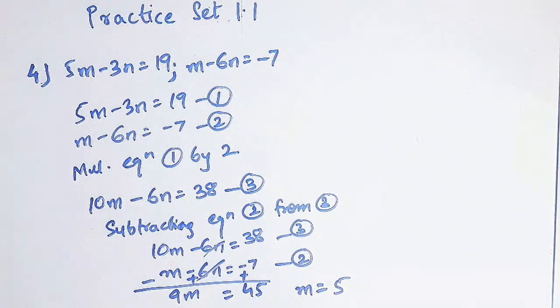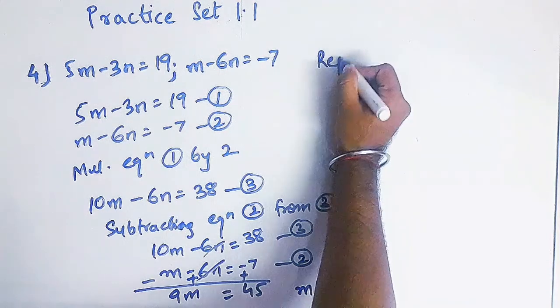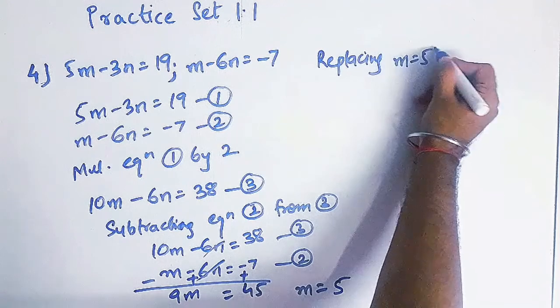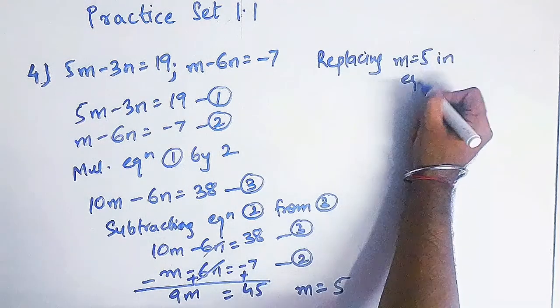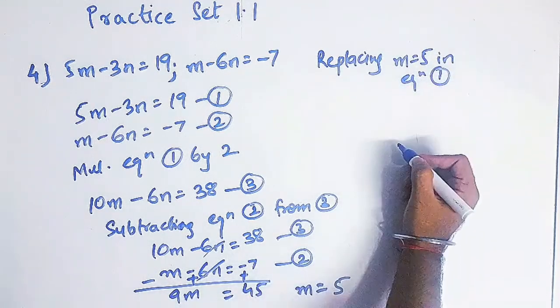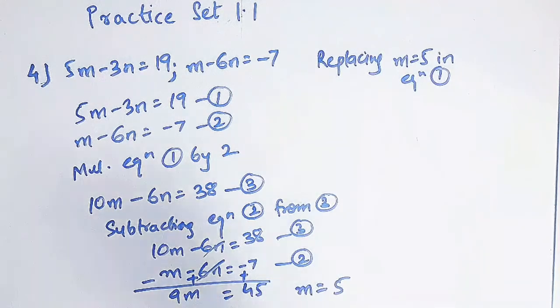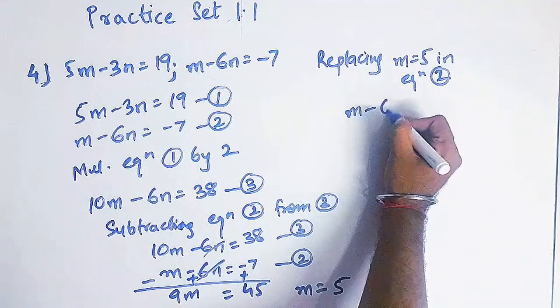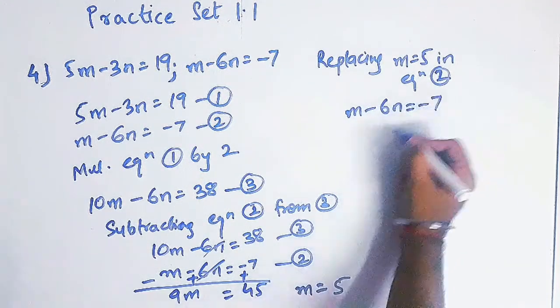Okay, so now replacing the value, replacing m equals 5 in equation 1. Or I'll take 2, 2 is more simple. m minus 6n equals minus 7.